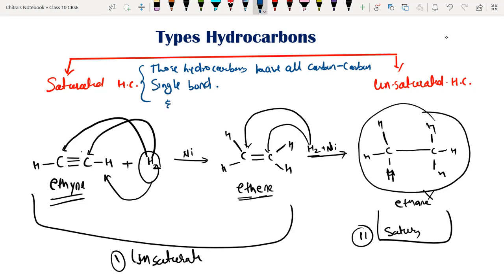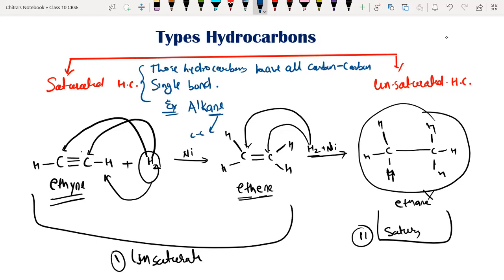Example, we have alkanes. After completion of the definition part, I will explain alkane, alkene and alkyne also. It is alkanes. See here, ANE is for carbon single bond.